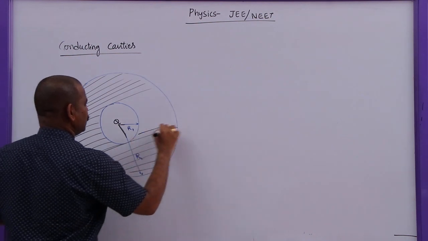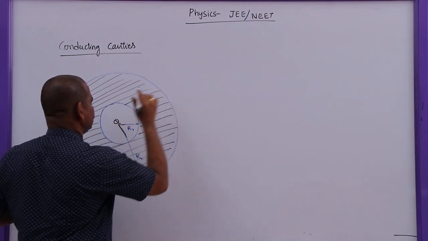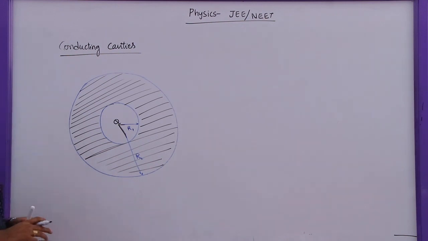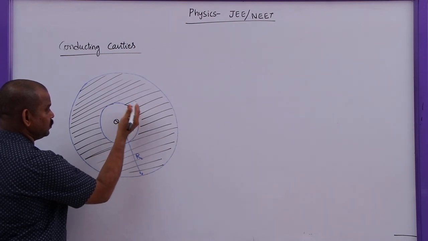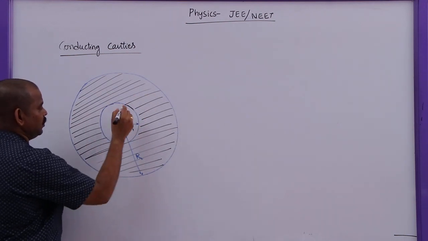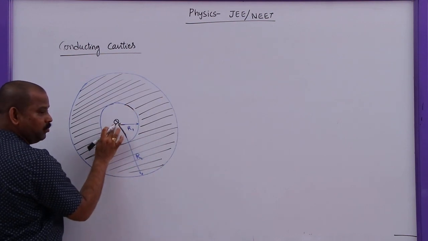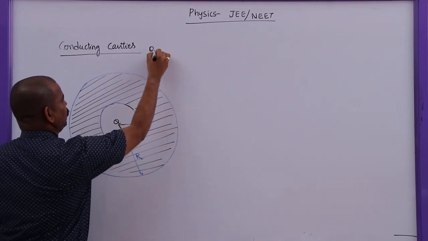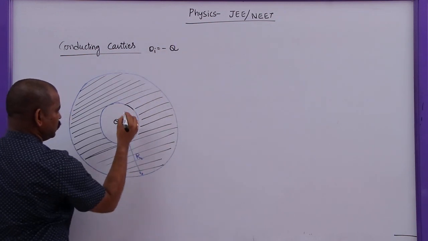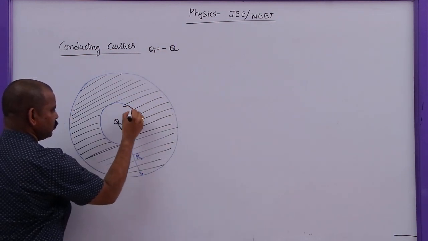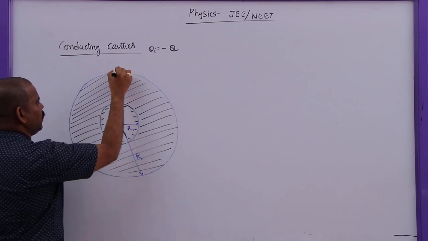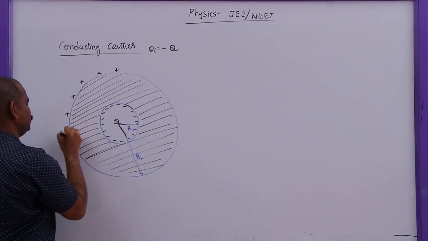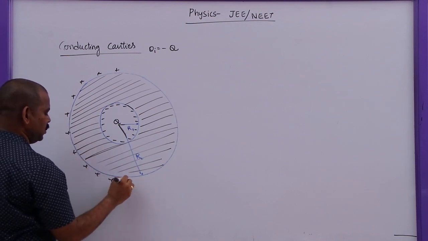conducting sphere means induction takes place in this one. Due to the presence of this charge Q, a negative charge will be induced on the inner surface of the shell, equal to Q but opposite, that is, the induced charge is minus Q. So a charge minus Q will be induced on the inner surface and a charge plus Q will be induced on the outer surface of the sphere.